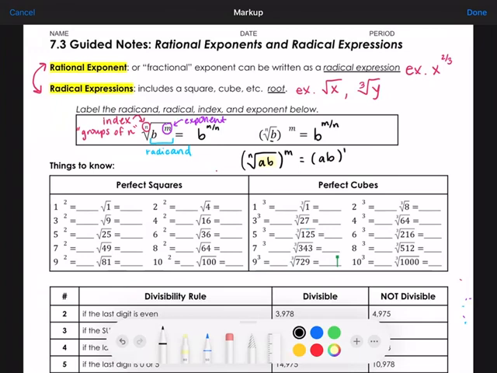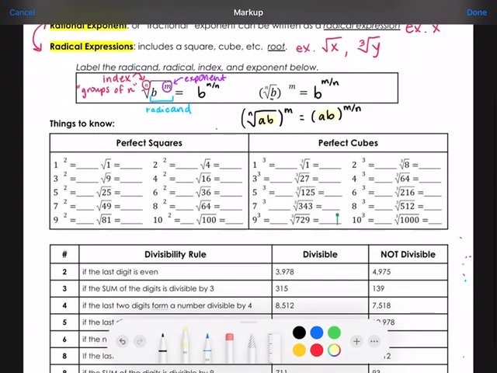So I would want to rewrite this with parentheses, ab to the m over n. If I just wrote ab to the m over n without parentheses, it would imply that only the b is being raised to that power. We don't want to do that. We want to use parentheses to show that a and b, the entire quantity, is being raised to the m over n.